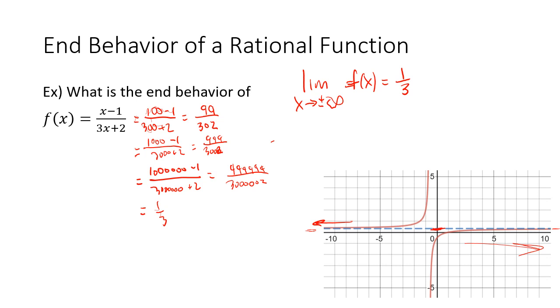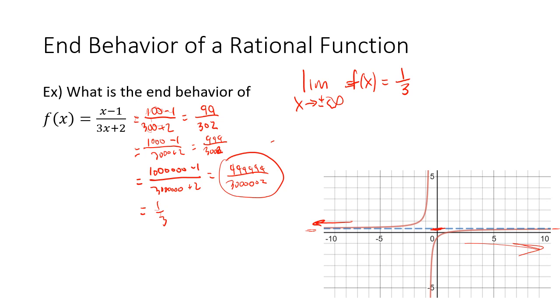One thing we can realize here is that if I plug in positive infinity, I would be at just under 1/3. This number is just less than 1/3, a little bit less.